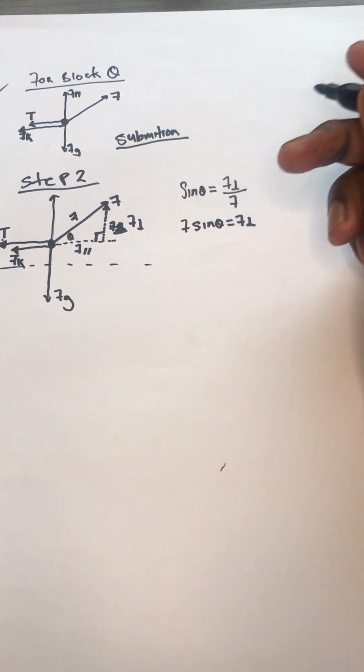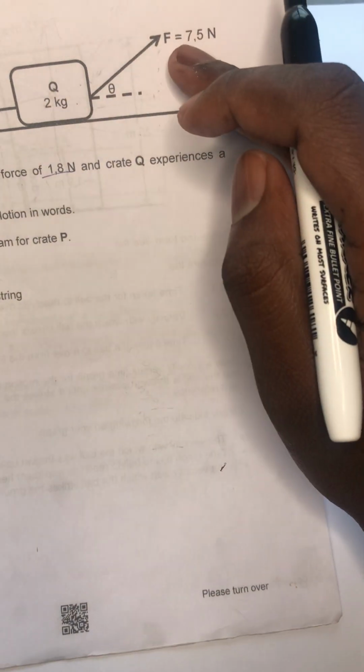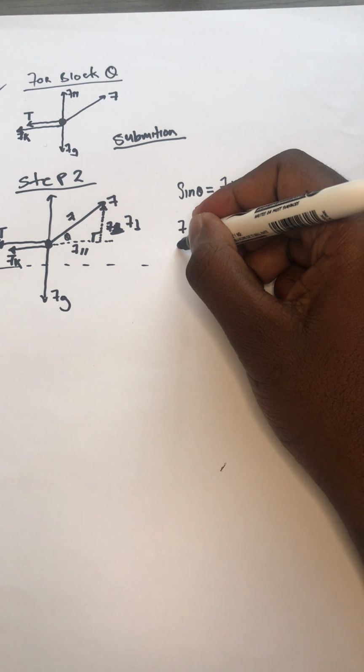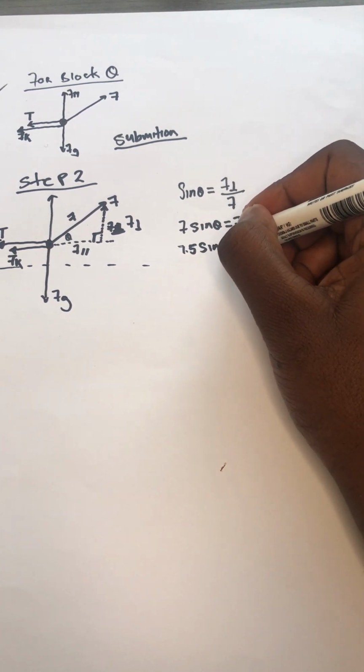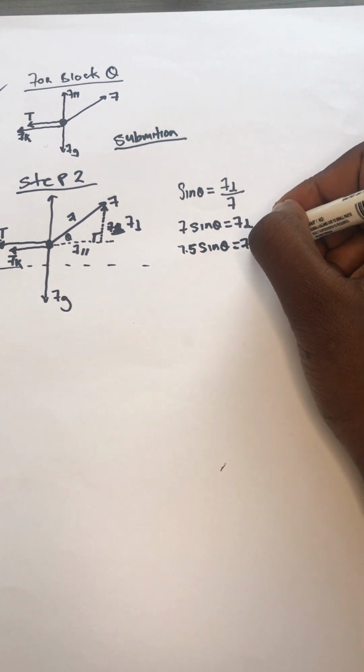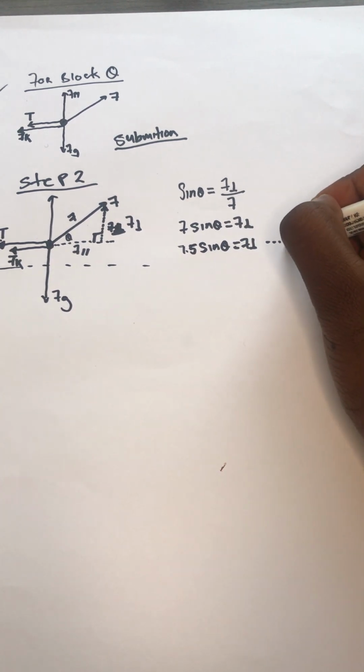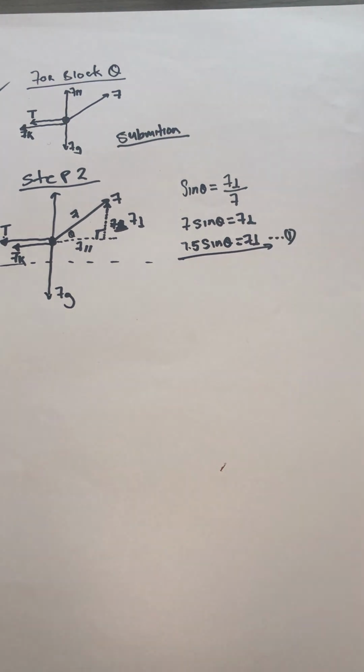You are given F as 7.5, so 7.5 sin theta is equal to F perpendicular. This is your first component.